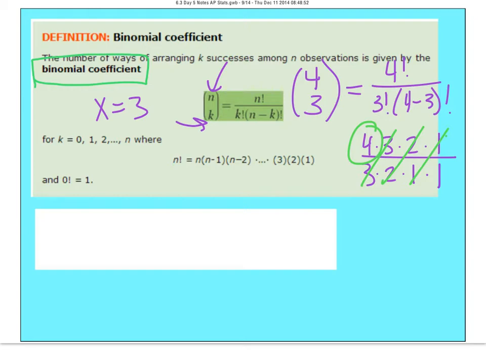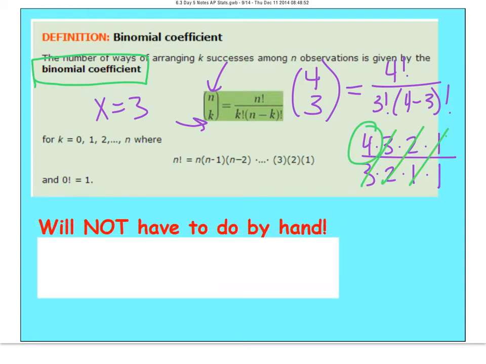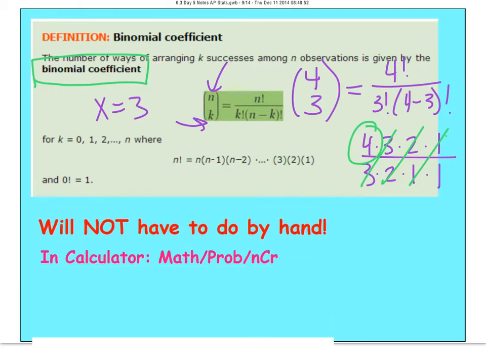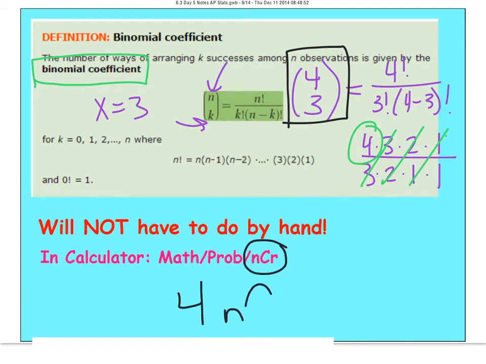So you can do this by hand, but you will not have to do this by hand. In the calculator, what you can do is go to Math, scroll to Probability, and look for this button called nCr. This is called a combination. How you would type this in the calculator is, to mimic that this would have been 4, you first type in 4, then you go find nCr in the calc, and then you type the 3.